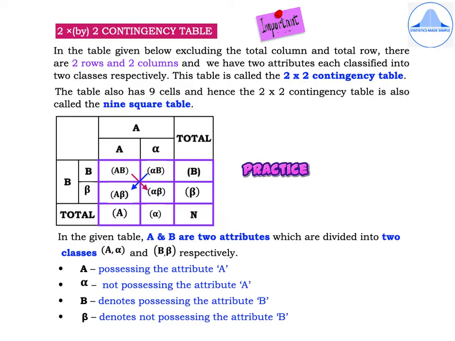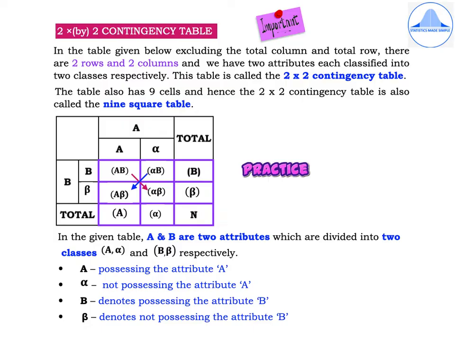That's why this table is called a 2 by 2 contingency table. And if you observe closely, the table also has only 9 cells. Cells are nothing but the small squares, and hence the 2 by 2 contingency table is also called the 9 square table. The 9 cells are indicated using the purple color.